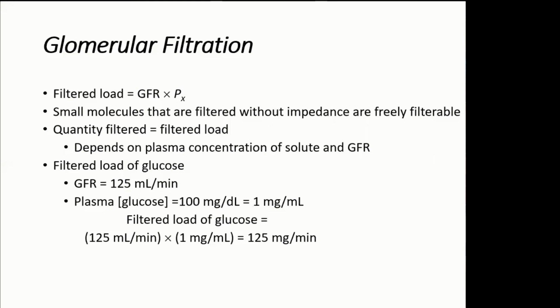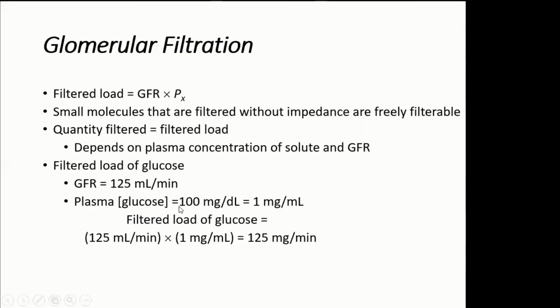So if we're talking about the normal situation for glucose, it's mathematically easy, which is why it makes a great example. We have 125 milliliters per minute as our glomerular filtration rate. So 125 milliliters of plasma are moving out of the blood and into our nephron. Our normal level of plasma glucose is 1 milligram per milliliter.